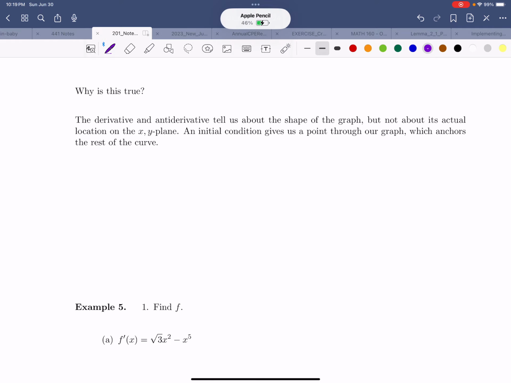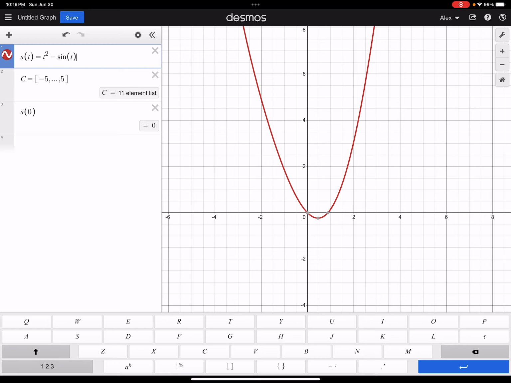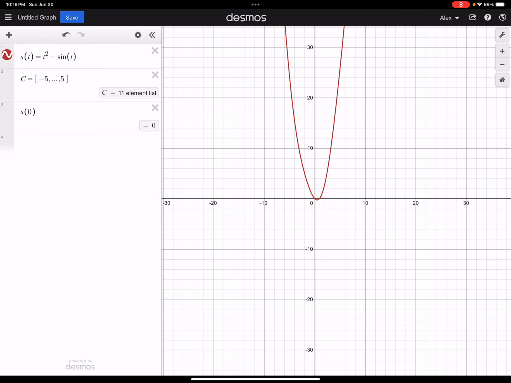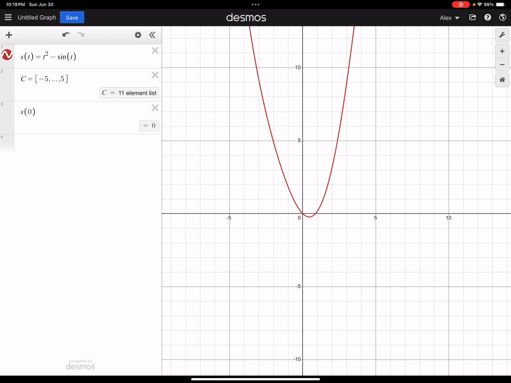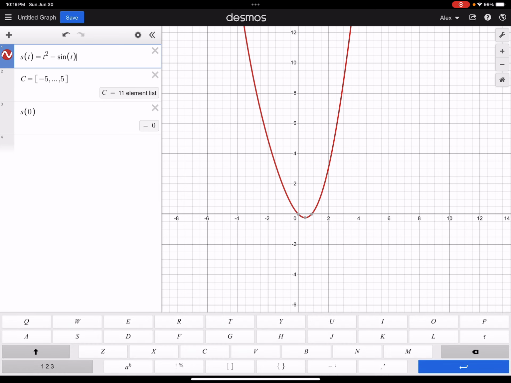So, for example, if we have this curve, s of t equals t squared minus sine of t, that tells us what the curve looks like, right? It's a parabola-ish kind of thing. Relatively parabolic, not perfectly. The sine kind of messes it up a little bit. But what it doesn't do is tell us where the curve is.